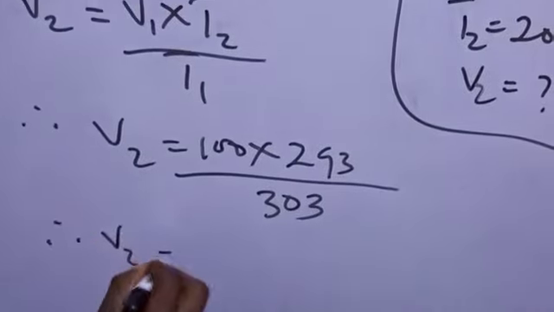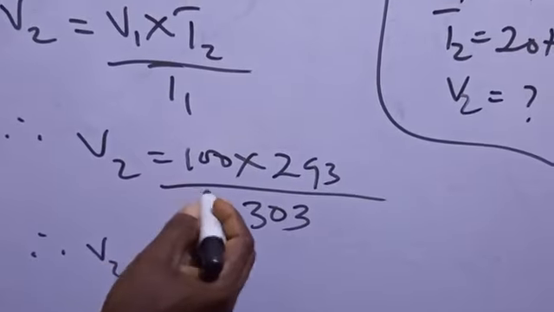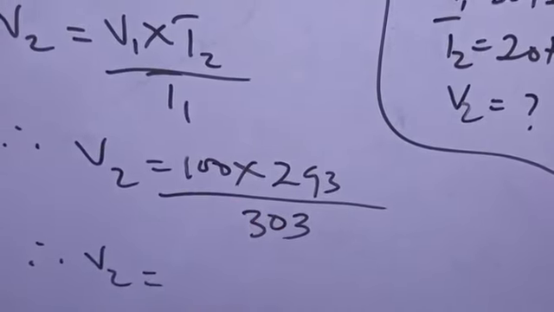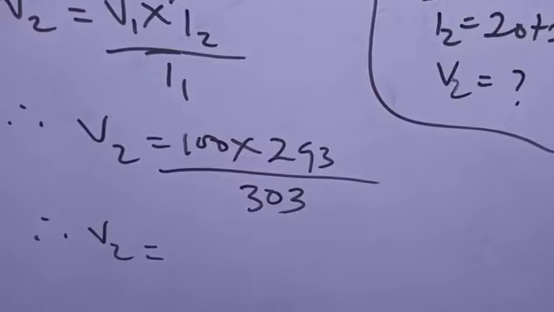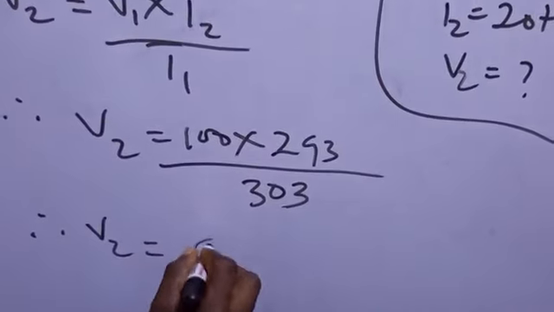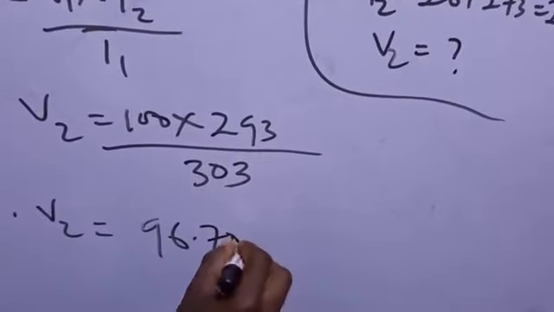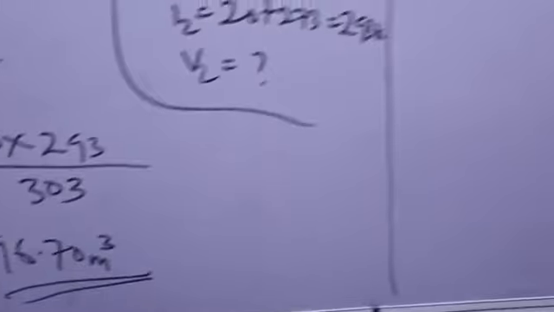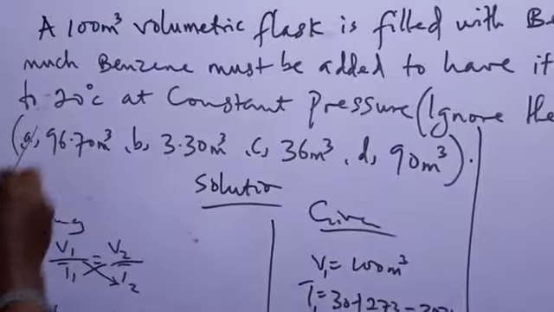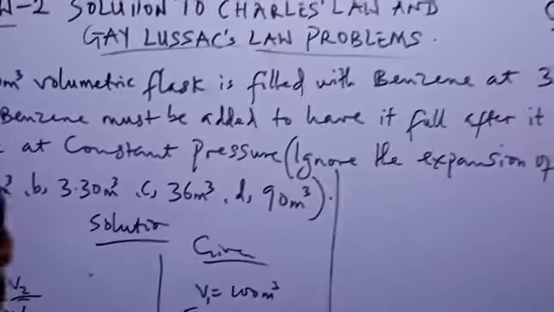As simple as, like I usually say, you multiply 100 by 293 and divide by 303. Using the calculator, you have the answer to be 96.70 cubic meters. As simple as this. That is to say, from the options, option A is the right answer to the problem.